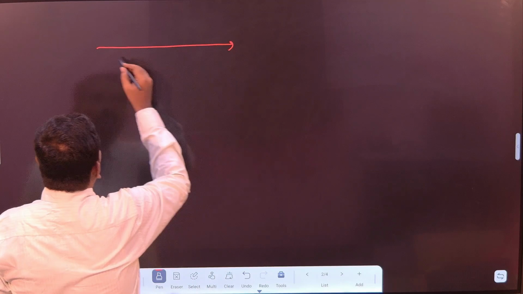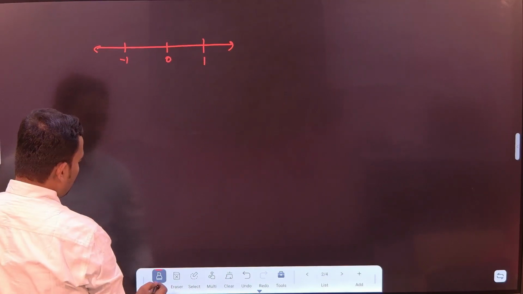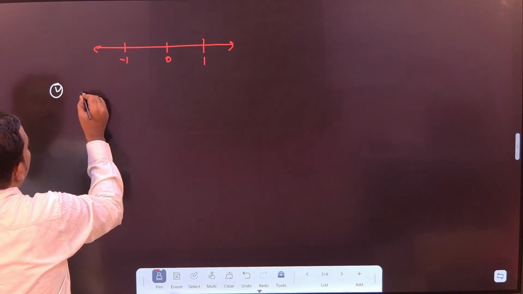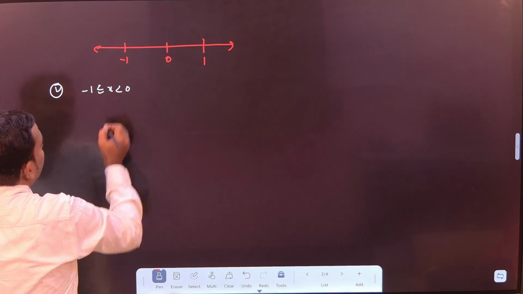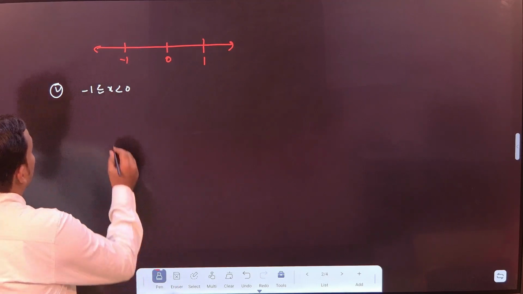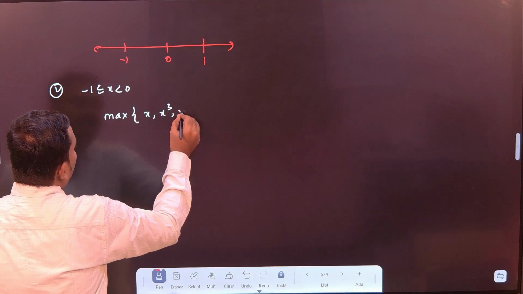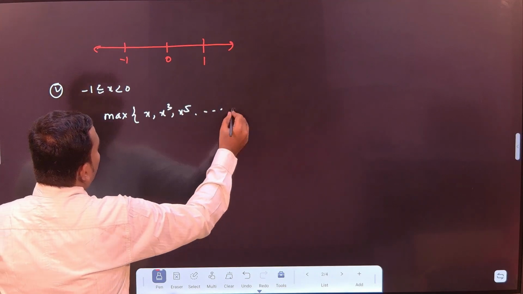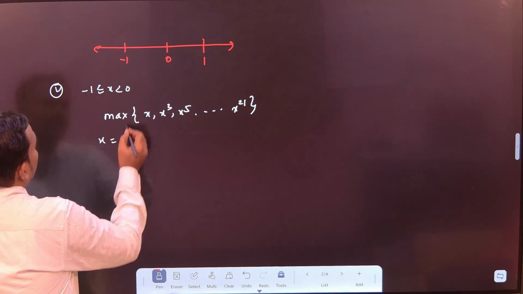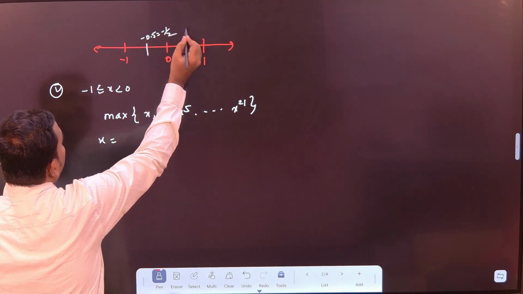Let me check the next interval, the second case, minus 1 less than x less than 0. In this interval, which is the maximum of x, x cube, x power 5, and so on, up to x power 21? Let us take x equal to minus 0.5, that is minus 1 by 2.